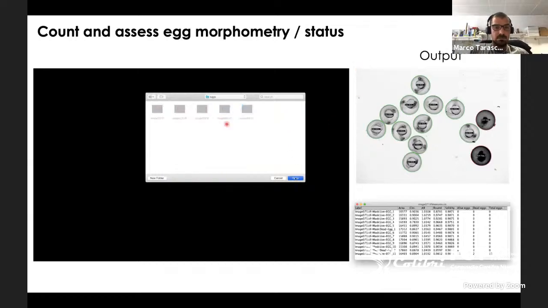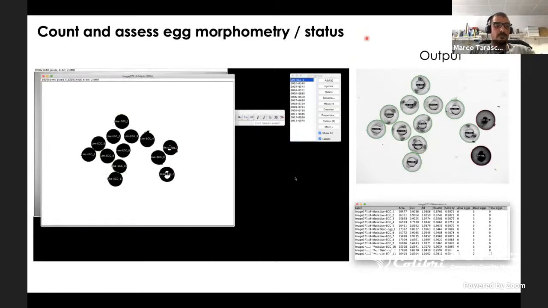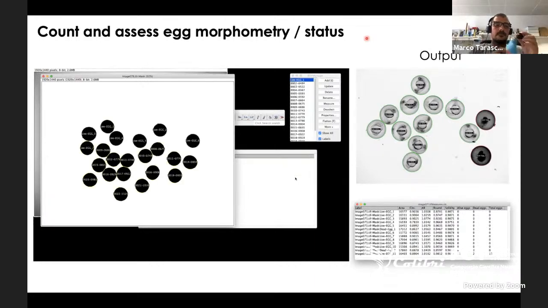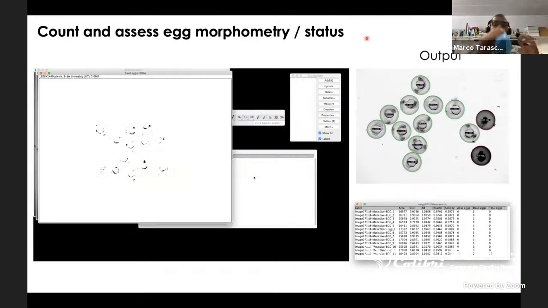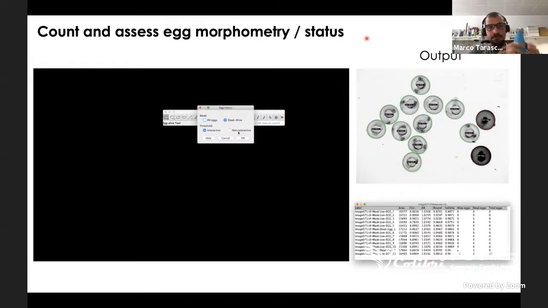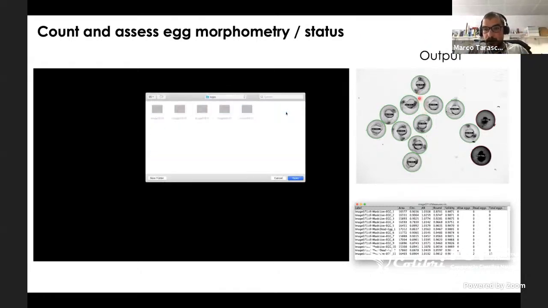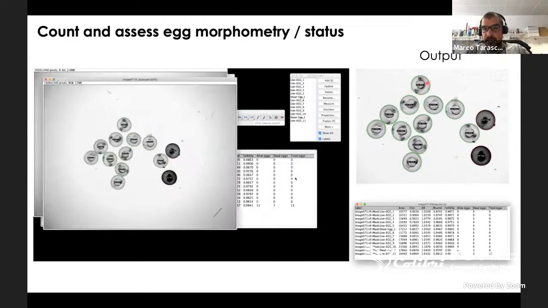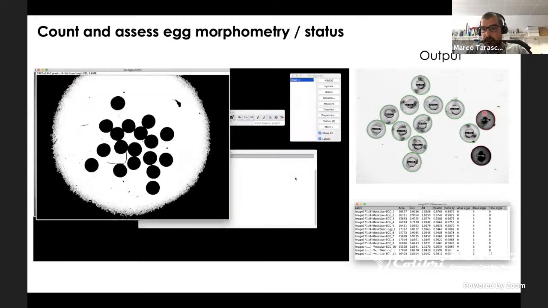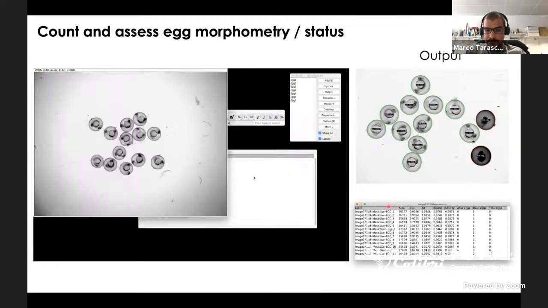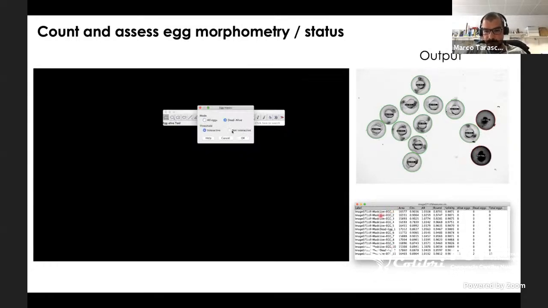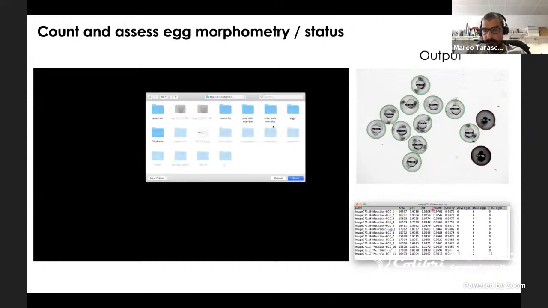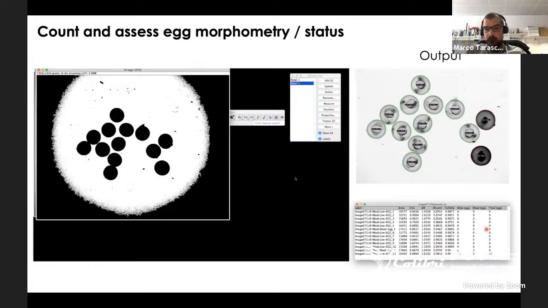You just select your folder and the macro will work for you. For each image, it will give us a screenshot where the alive eggs are marked in green, dead eggs are marked in red, and also, of course, a result table in which we have each egg, their area, the circularity, and also how many eggs were alive, how many dead, and the total amount.